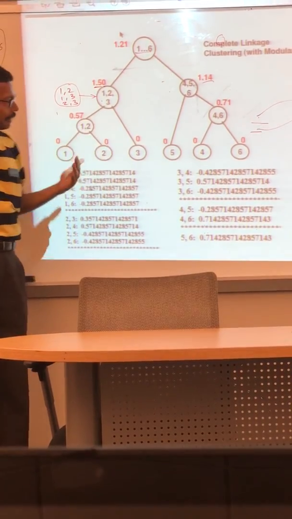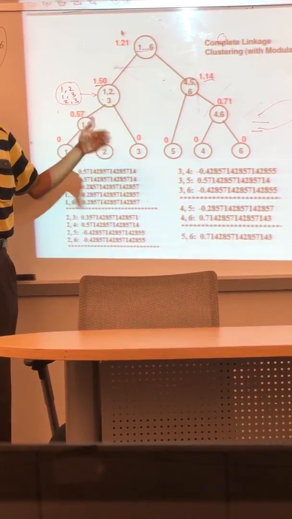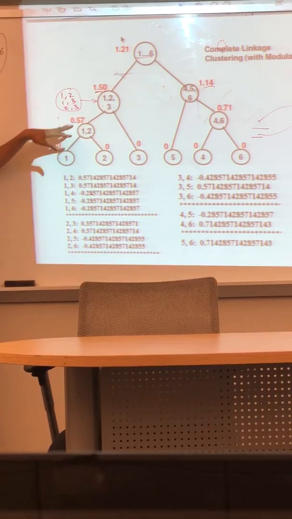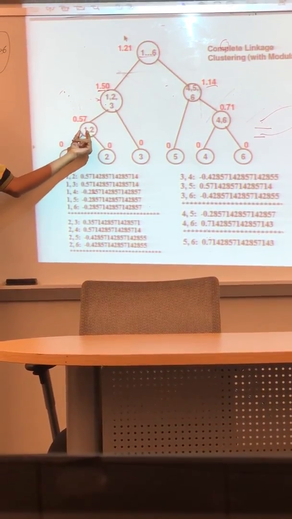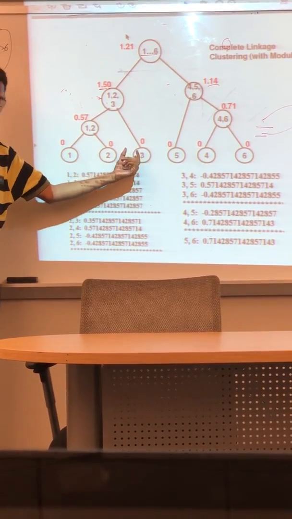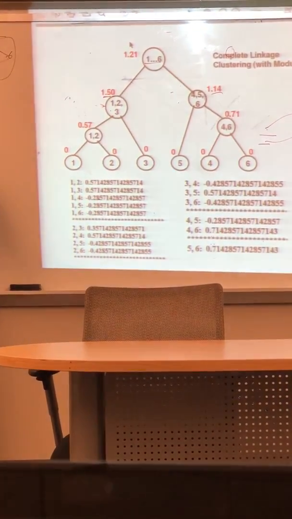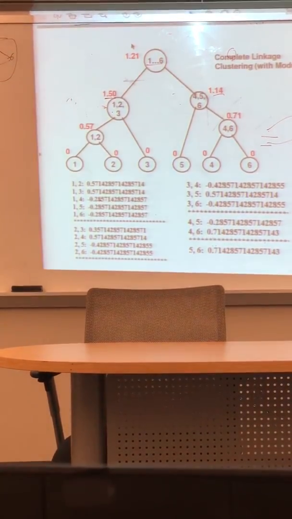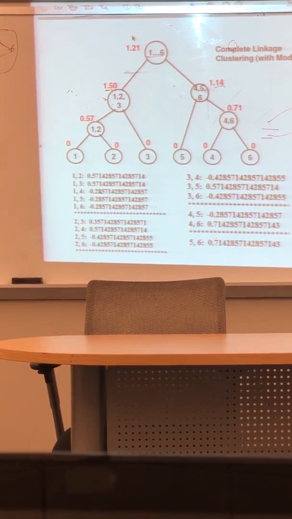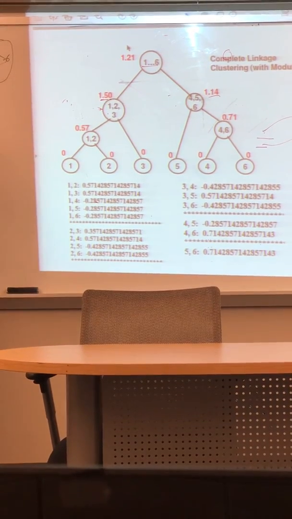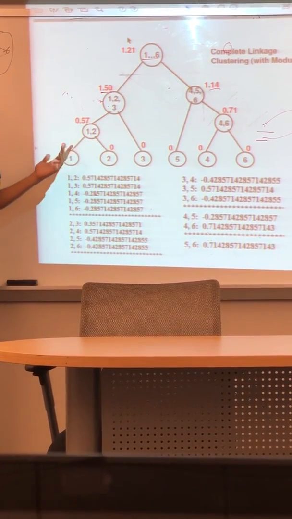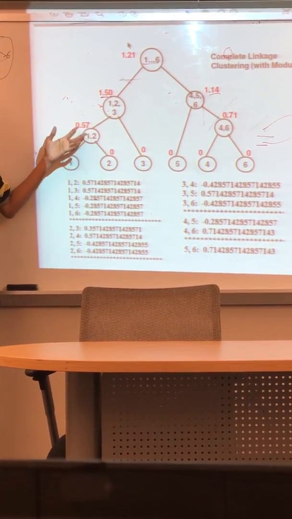Now we need to decide whether to proceed further or not. According to the partition hierarchy, we have 1, 2 as one community and 3 on its own. If a vertex is in its own community, the modularity score for that community is 0. Then the modularity score for 1 and 2 is a fraction, always going to be less than 1, like 0.57.